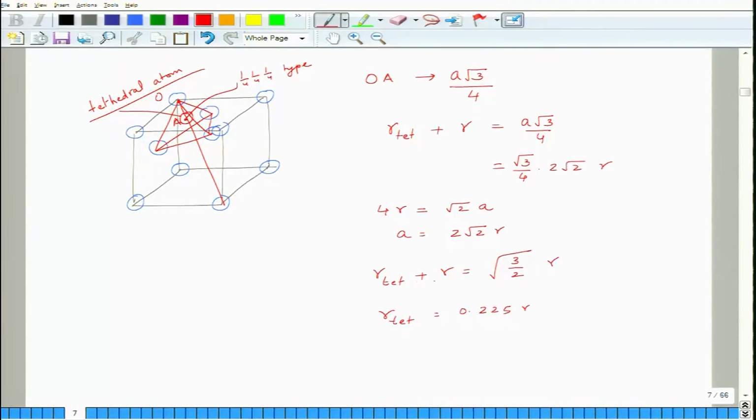So, R tet plus R is equal to root 3 by 2 into R. As a result, you can write R tet to be equal to R into (root 3 by root 2 minus 1), which is nothing but 1.732 divided by 1.414 minus 1.